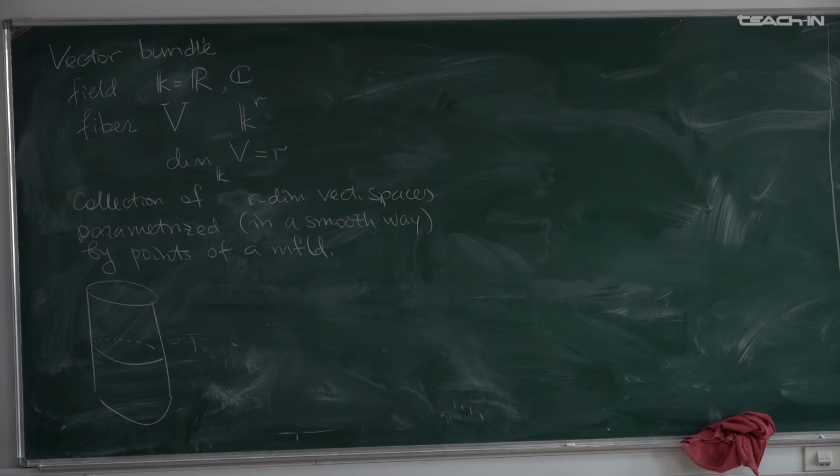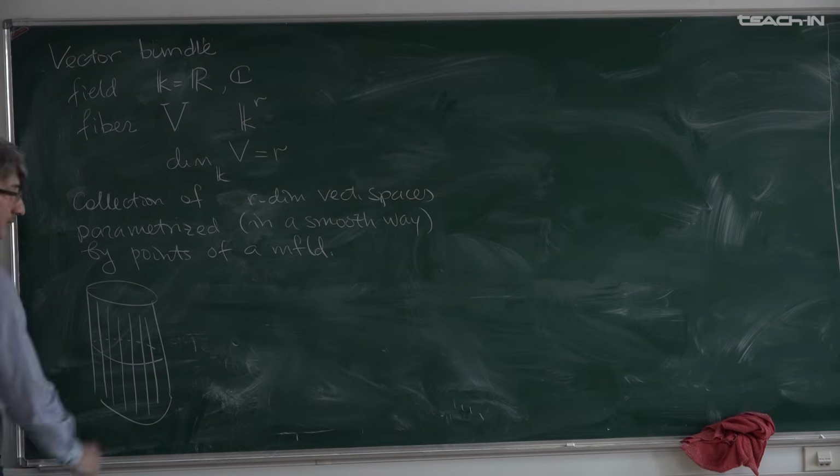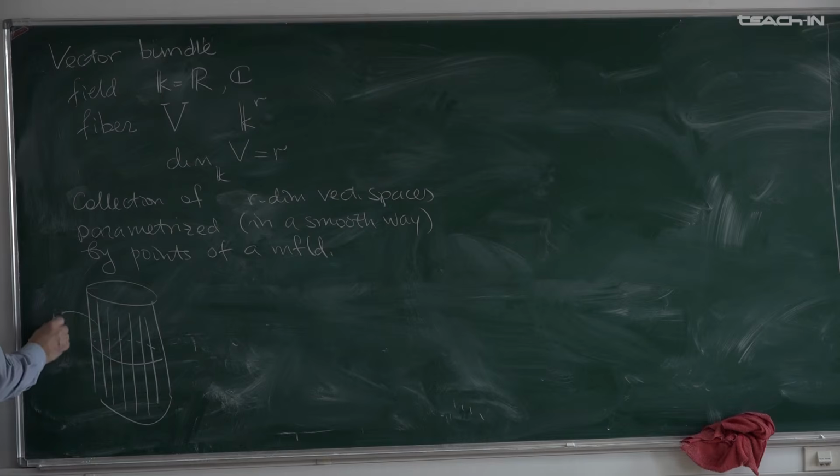What I wrote here. I wrote a collection of one-dimensional vector spaces, yes? Each line which I wrote here is R1, etc. What is the parameterizing space in this case? S1.